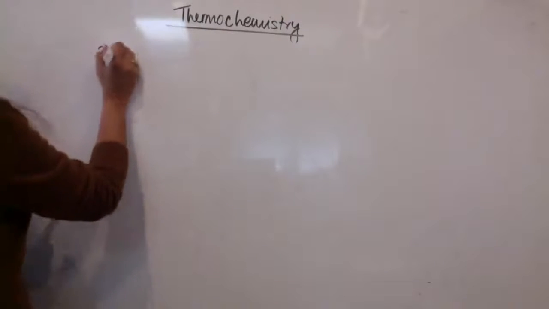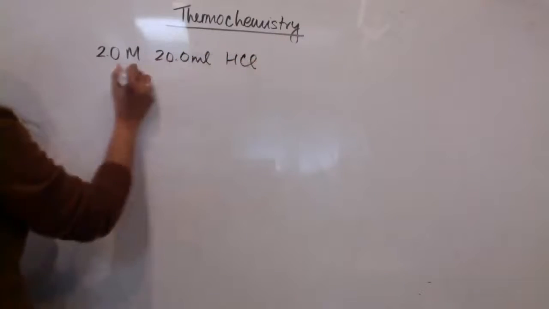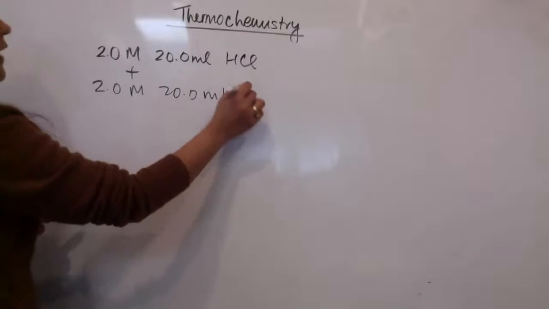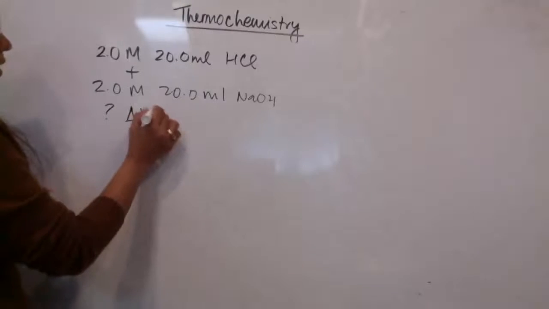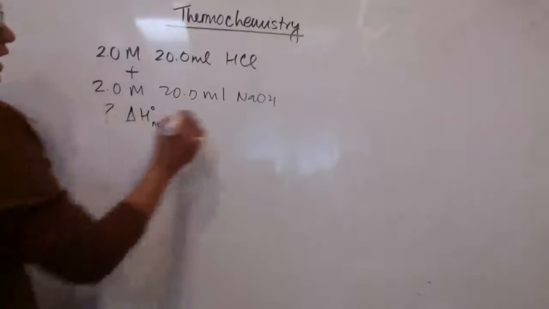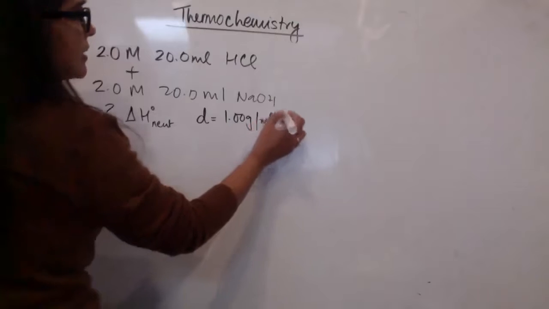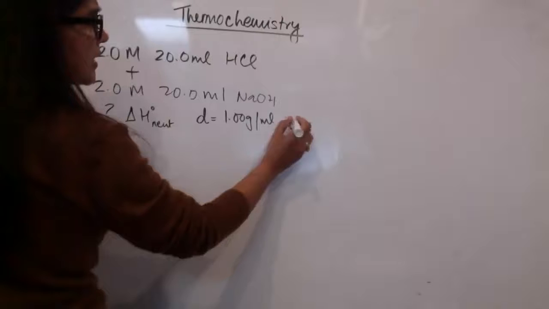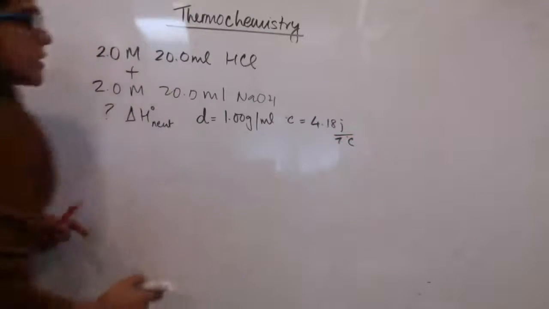So if 2 molar 20 mL HCl reacts with 2 molar 20 mL of NaOH, what is the enthalpy of neutralization in this reaction, if the density of the solution is 1 gram per mL and we consider the specific heat of the solution, lowercase c, to be 4.18 joules per gram degrees Celsius.